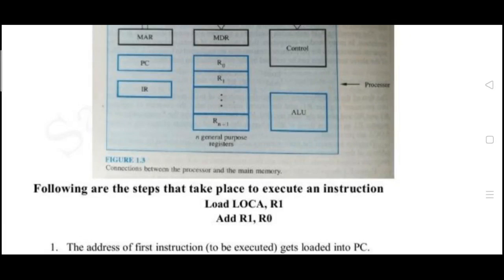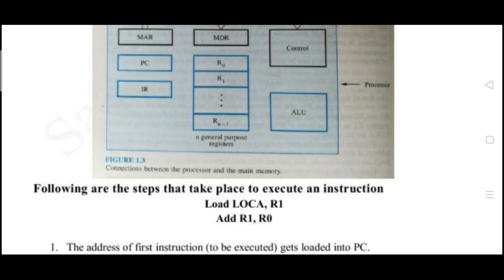Now read the statements which are mentioned in bold letters carefully. Following are the steps that take place to execute an instruction. See the instruction: load LOCA, R1. The second instruction is add R1, R0.